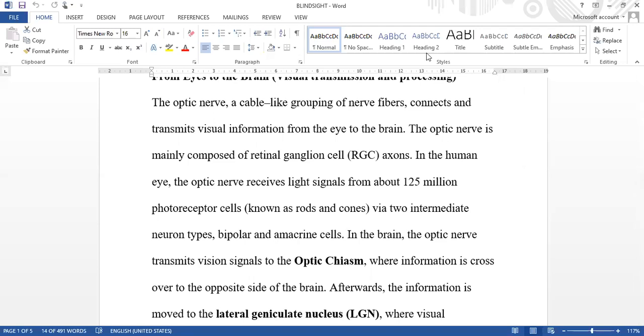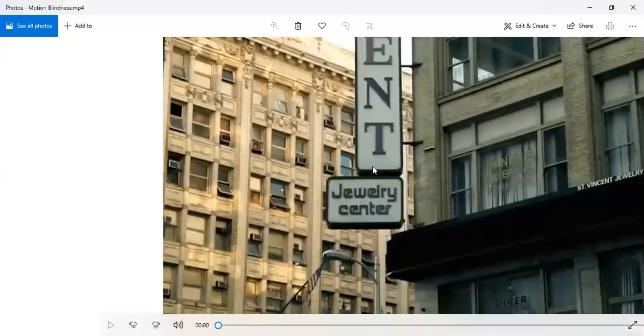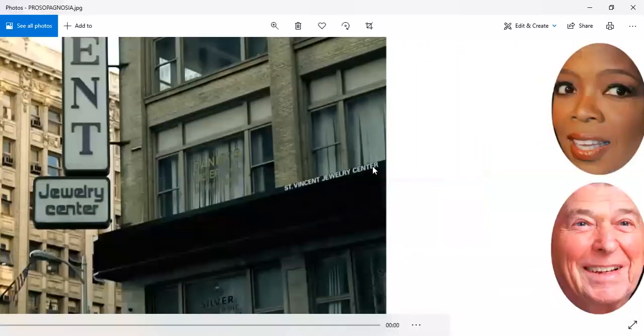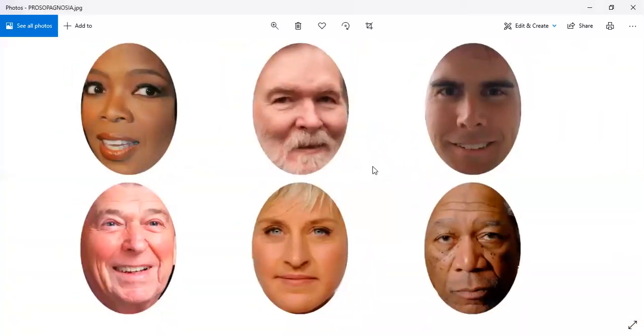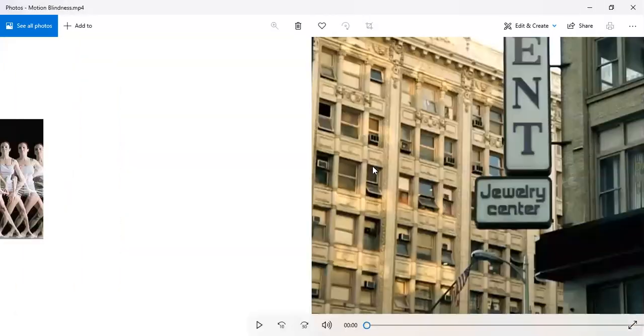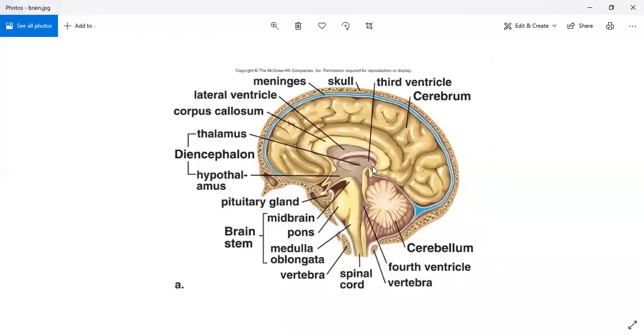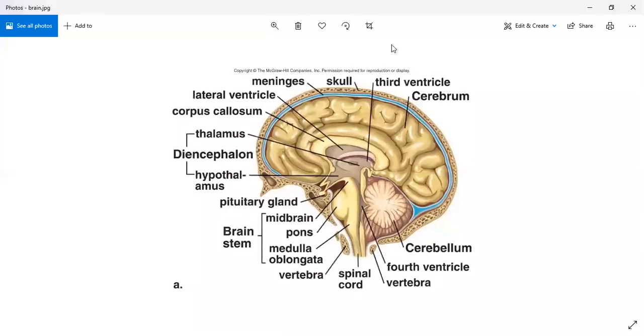So let me project it so that you know. Wow, so it is an X shape. You can Google it and get a diagram of it. It is found at the base of the brain.